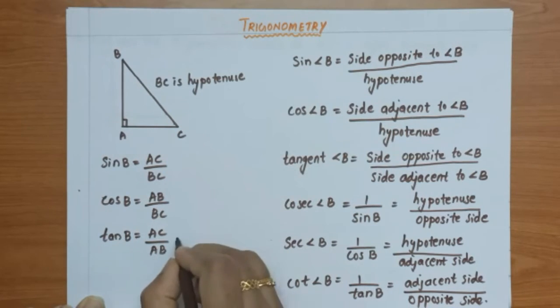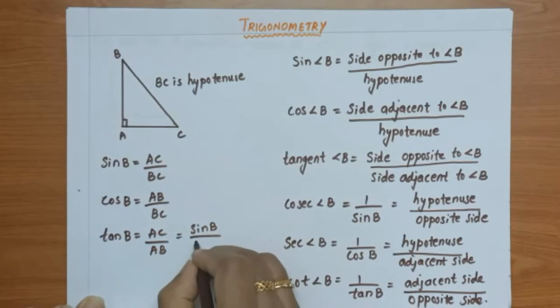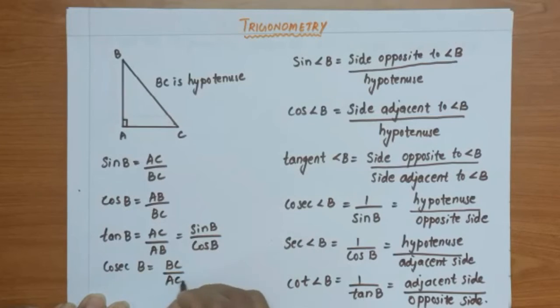Tan B we can write sin B by cos B. Then cosec B equal to inverse of sin B, BC by AC.